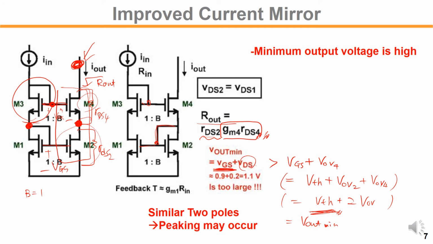For low supply operation, it is critical to have both high output swing and low voltage drop across the drain and source. It's important.